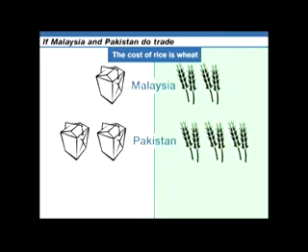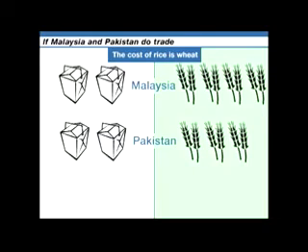In Pakistan, on the other hand, 1 bushel of rice costs only 1 1/2 bushels of wheat. Or we could write this a different way. The opportunity cost of 2 bushels of rice in Pakistan is 3 bushels of wheat. That is, the same labor that could produce 3 bushels of wheat would otherwise be producing 2 bushels of rice.